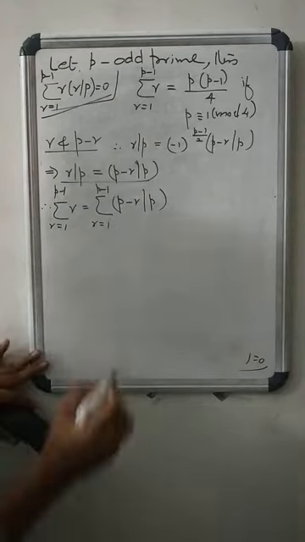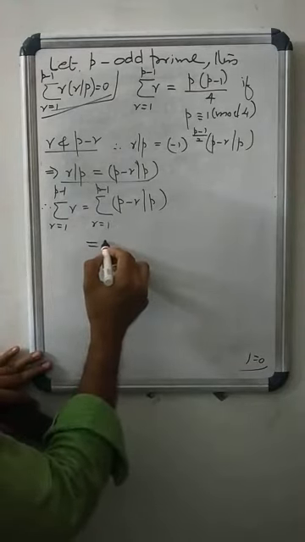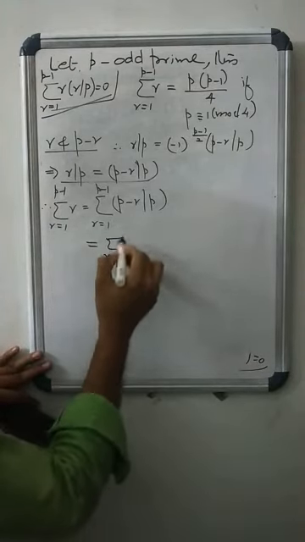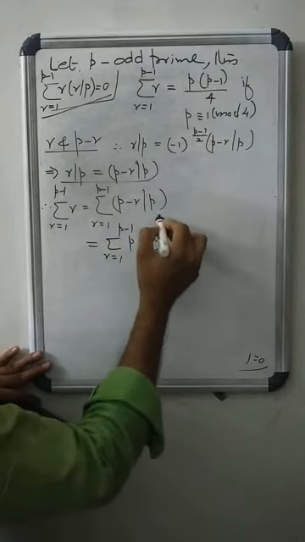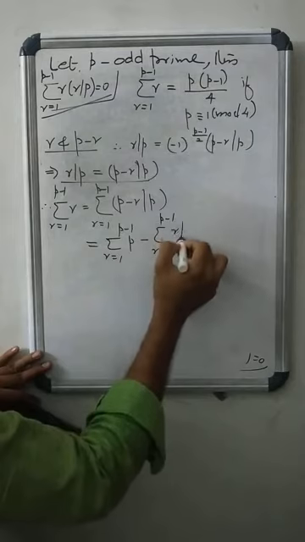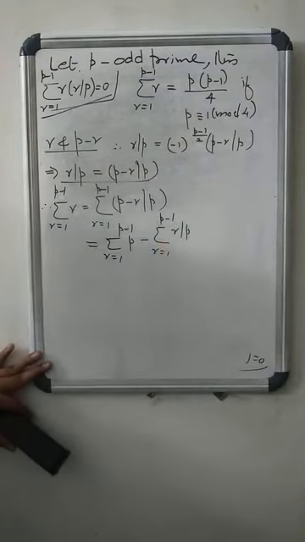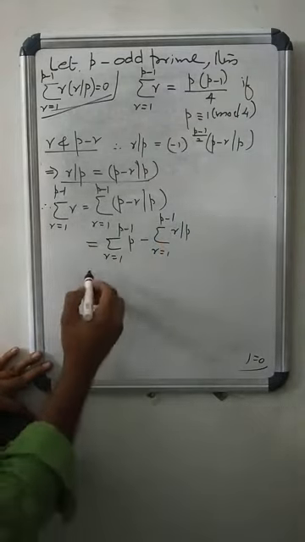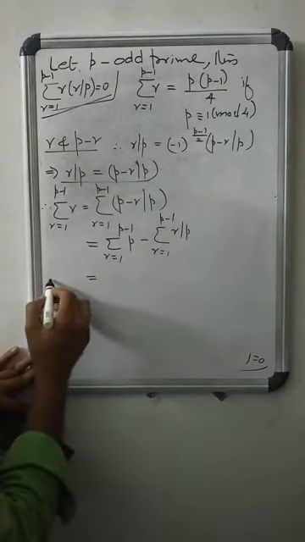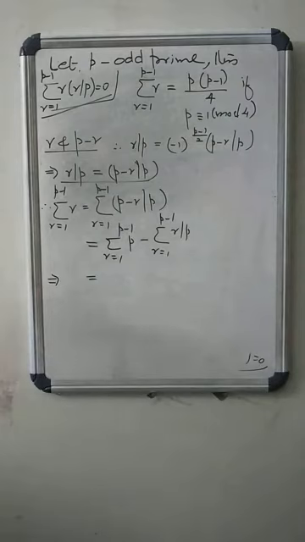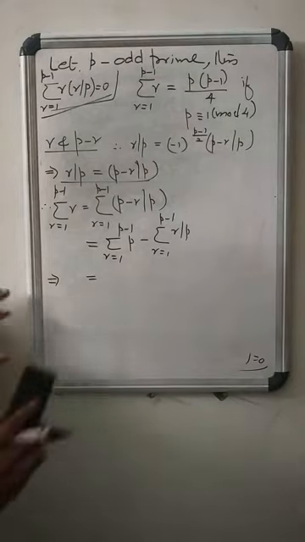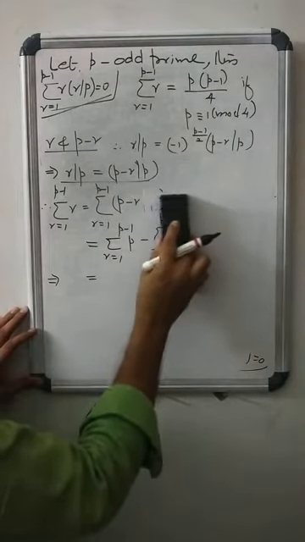Agreed? That equals sigma r ranges from 1 to p minus 1 of p minus sigma r ranges from 1 to p minus 1 of r by p. Okay, sorry, there is a mistake.